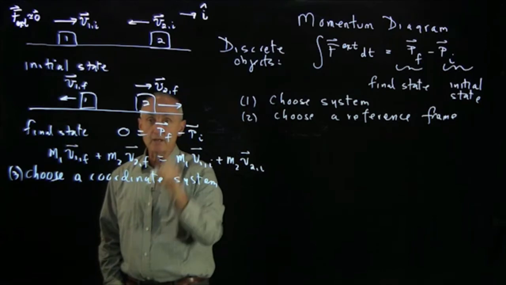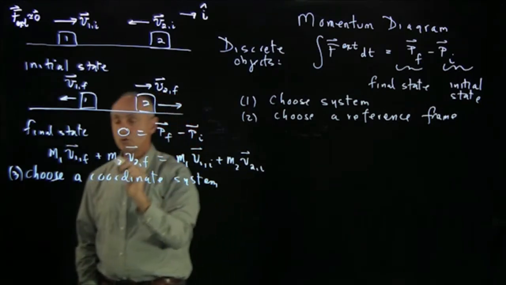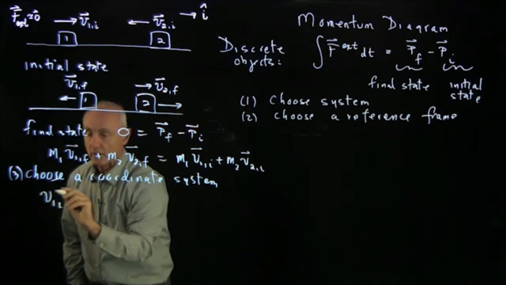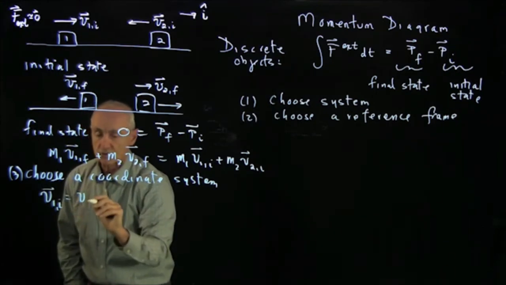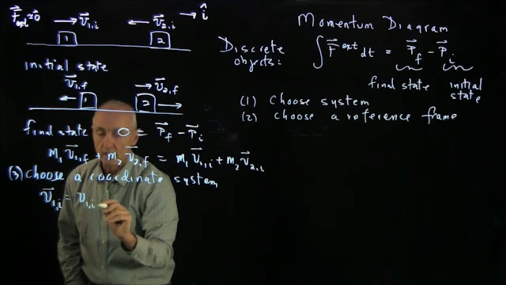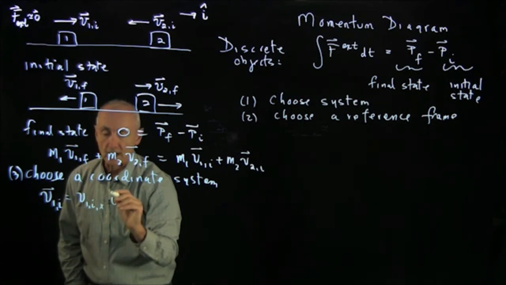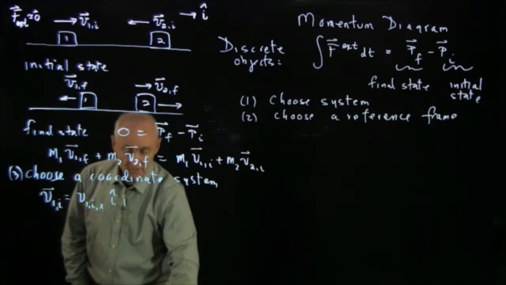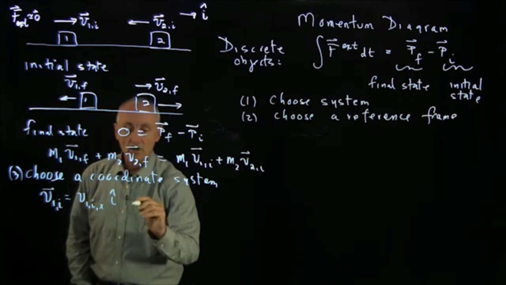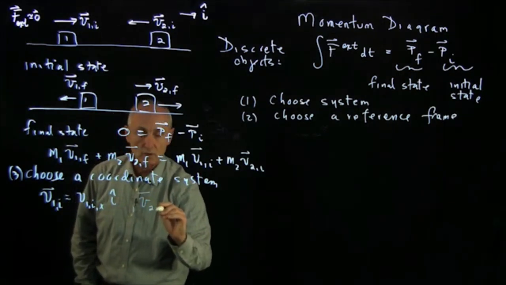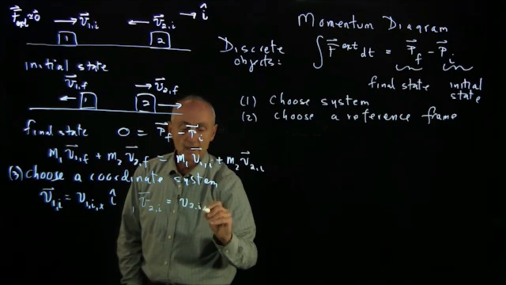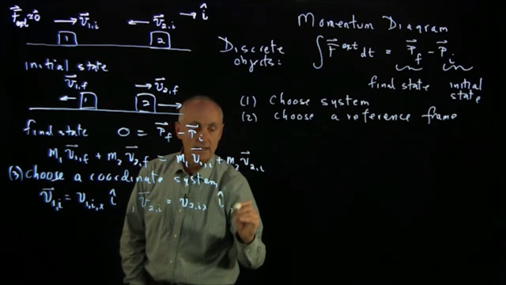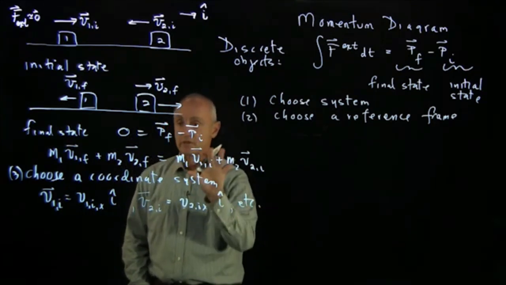Given that choice, we could describe the velocities in terms of components. Now, this gets awkward: v1 initial x component times i hat. And similarly, we can write down all the velocities, v2 initial as v2 initial x i hat, etc., for all the velocities.